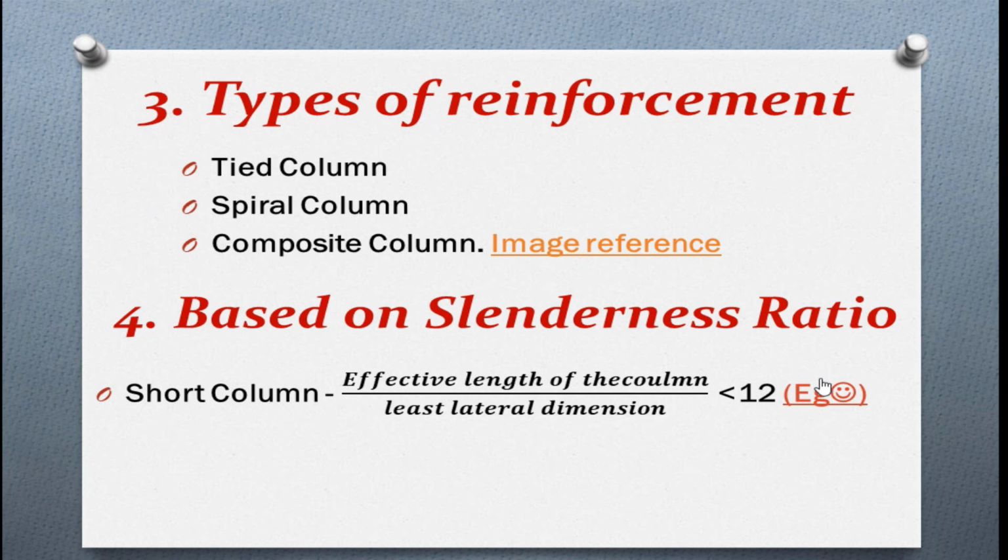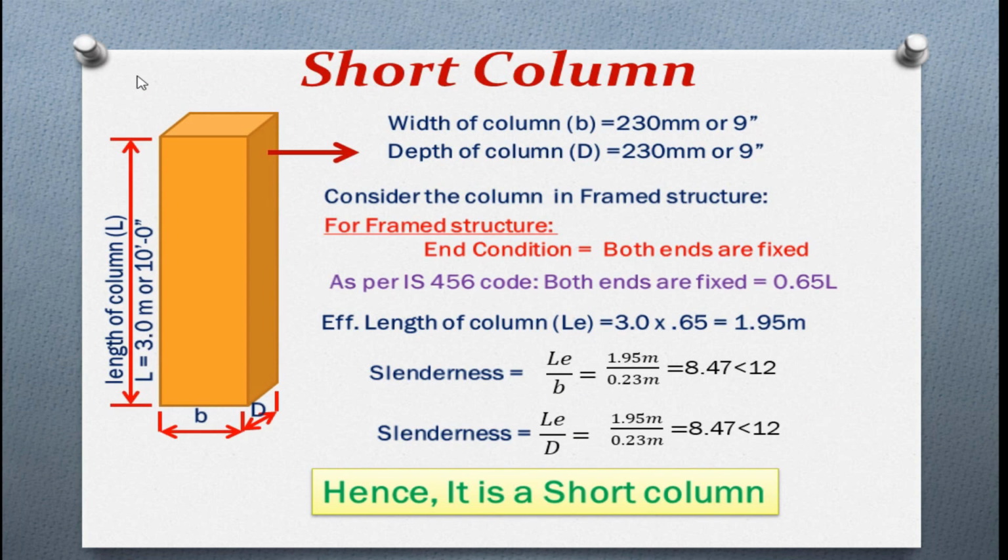So we will see with an example how to define the short column. You can see the 3D view of the column. The length of the column L is equal to 3.0 meter or 10 feet. B and D are the width and depth of the column. Here the width of the column B is equal to 230 mm or 9 inch, and the depth of the column is 230 mm or 9 inch.